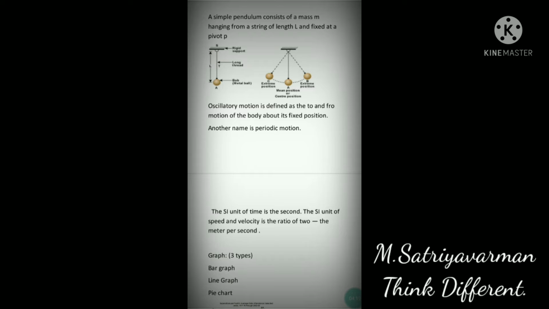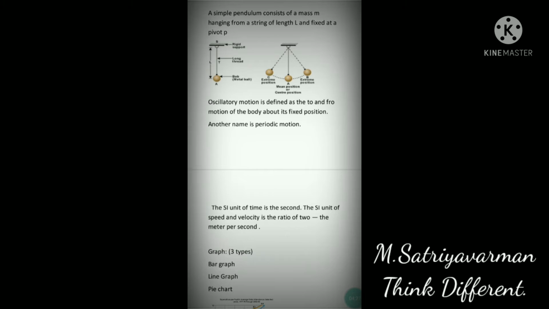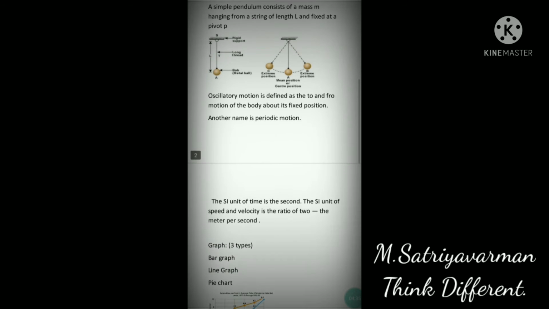I have also given you the simple pendulum image. In the first image you can see the tied string, which is the length, and the metallic ball is there, no? That one is called the bob. Metallic ball or stone, that point is called the bob. In the second image you can see that it moves from the center to the side.